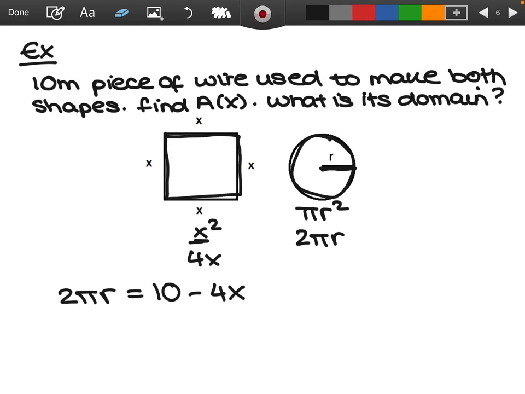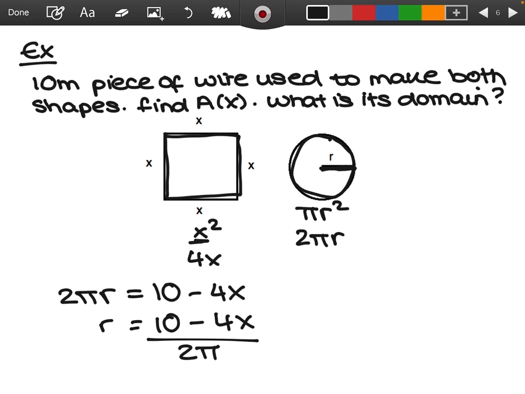I can now rearrange this and divide both sides by 2 pi, and that should give me r is equal to 10 minus 4x over 2 pi. That gives me r just in terms of constants and x, which is exactly what I want.